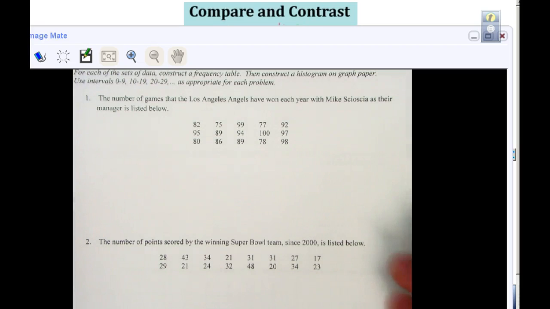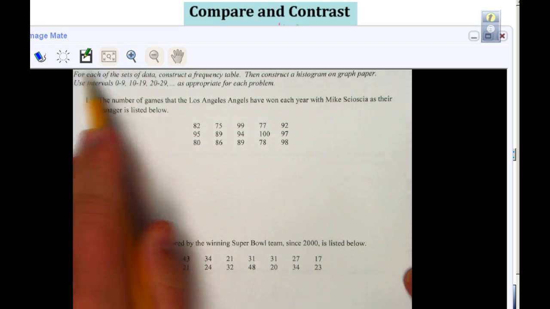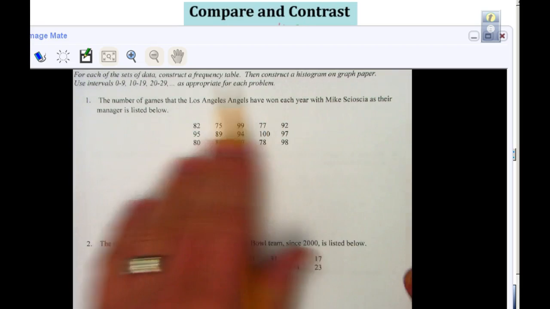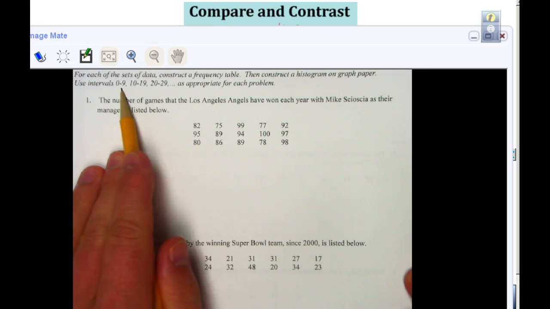There we go. Okay. So it says for each of the sets, construct a frequency table or histogram. Okay. And on graph paper, and it says to use these intervals.